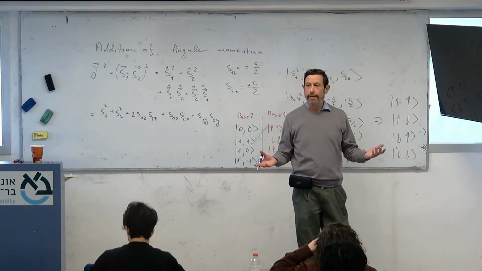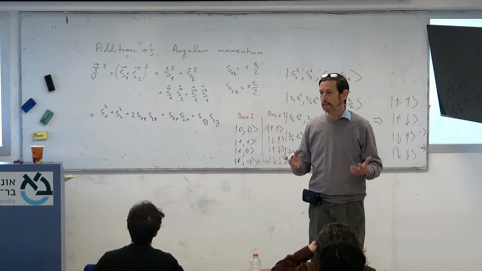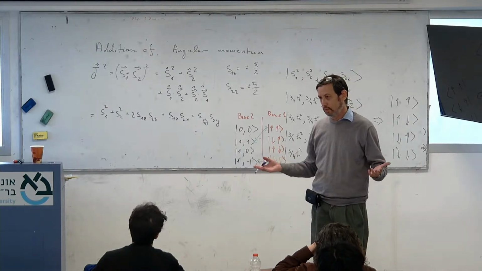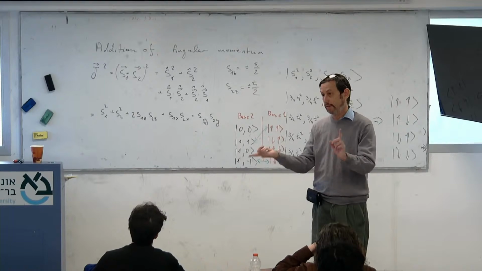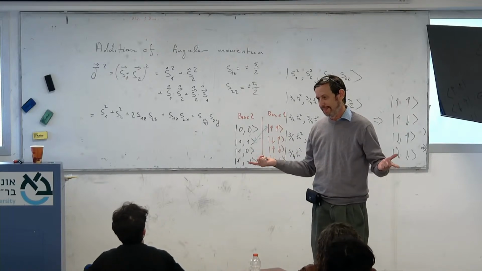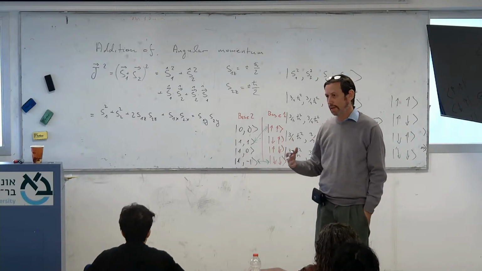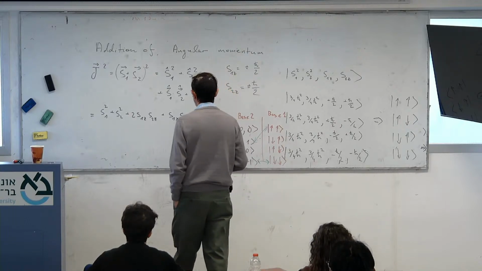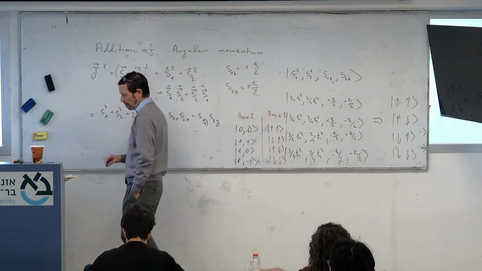But when I'm breaking it up into Sx, Sy, Sz, I can commute them because the X components commute with the Y components.